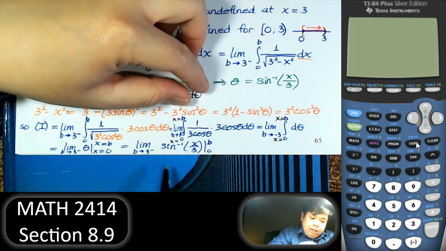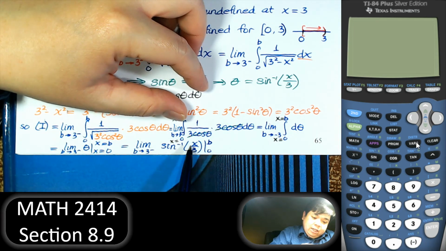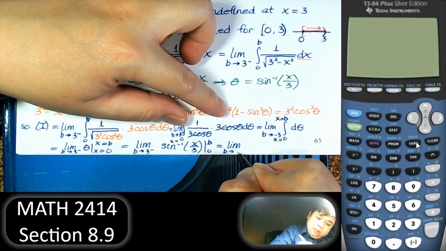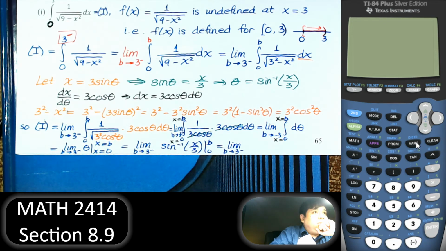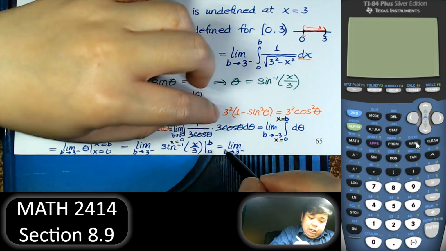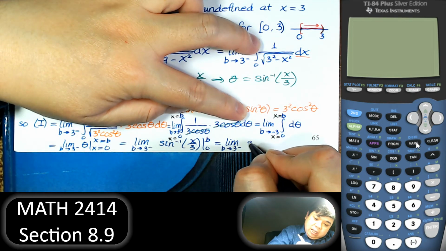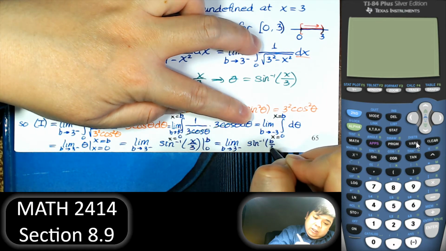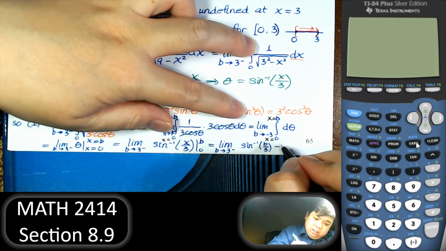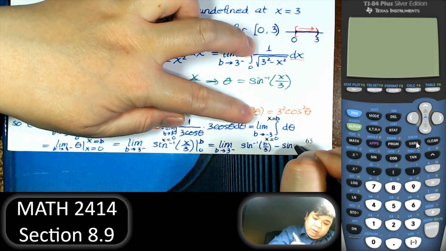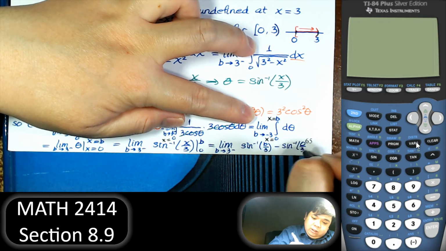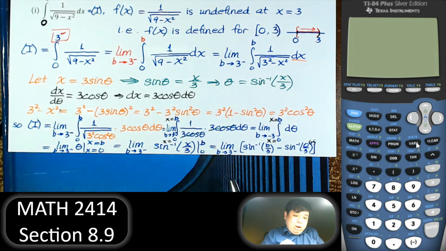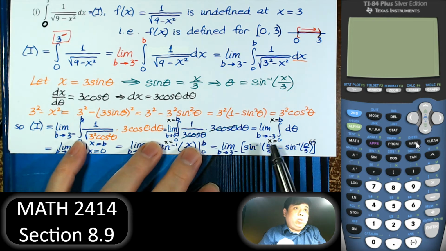Right, and when we put in the limit, we have sine inverse of b over 3 minus sine inverse of 0 over 3. Right. Now b is 3 and 3 over 3 is 1.